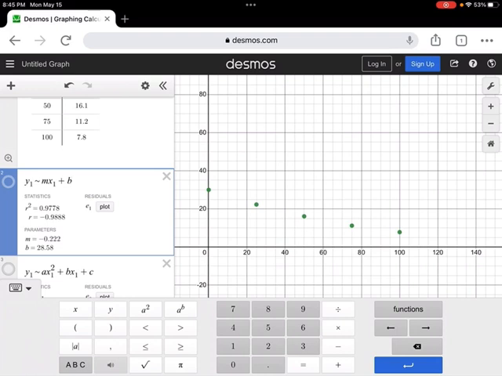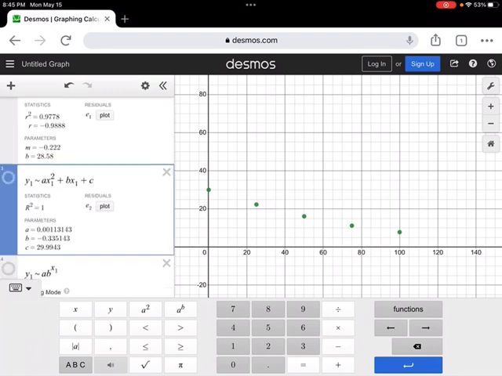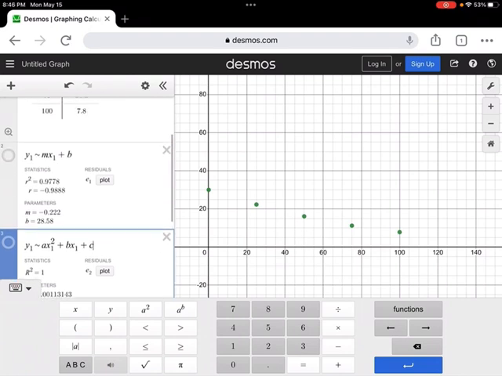And like we said, the closer that it is to 1 or negative 1, the stronger the correlation is. Now looking for quadratic, we see that R squared equals 1. If we rearrange that, we would have the square root of 1, which is still 1. So R equals 1, and that's the strongest we can have. So that is, our quadratic is stronger than our linear.